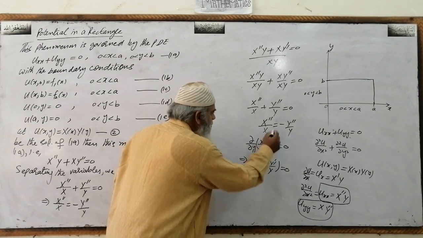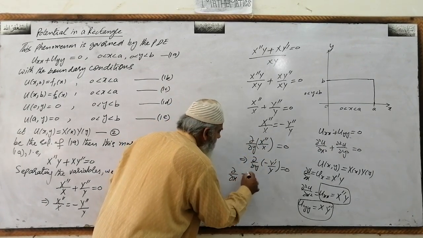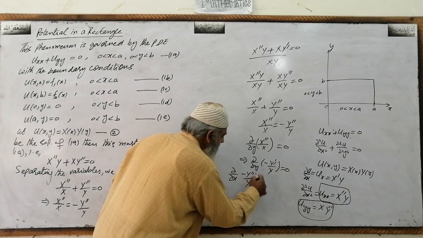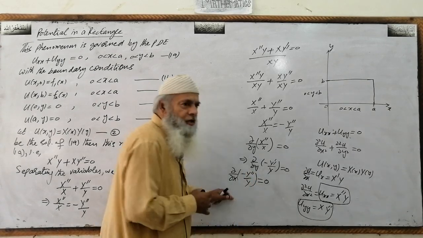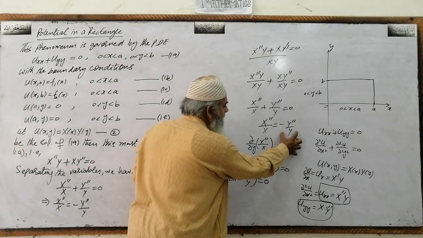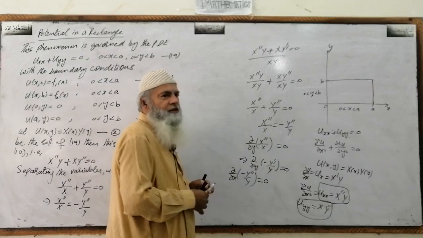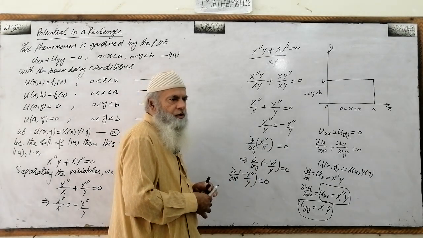Similarly, when you take the right hand side's derivative with respect to x, minus y double dash over y, obviously this will become 0, and if its partial derivative with respect to x is equal to 0, then obviously the partial derivative of the left side with respect to x will also be equal to 0.